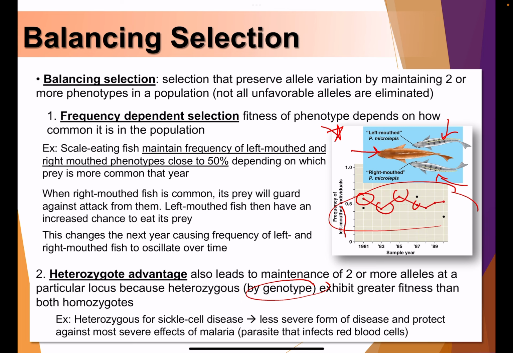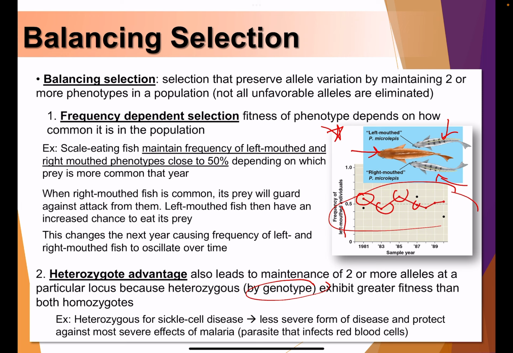So for example, even though sickle cell disease is seen as a negative disorder, as we talked about earlier, one might think that being a carrier, a heterozygote for the disease, is a bad thing. But it turns out that when one is heterozygous for sickle cell disease, it actually is a less severe form of the disease.